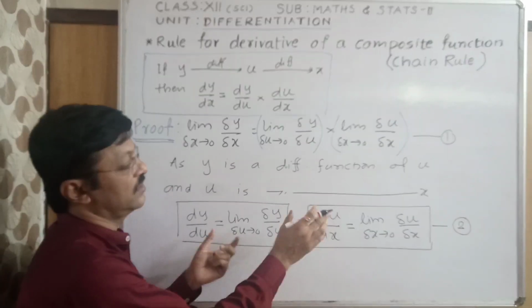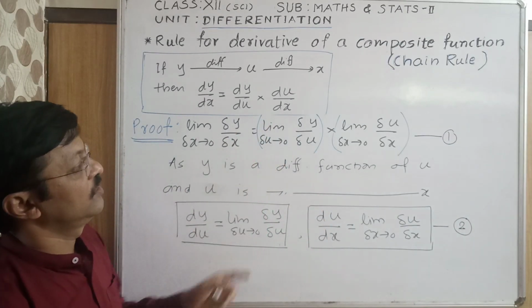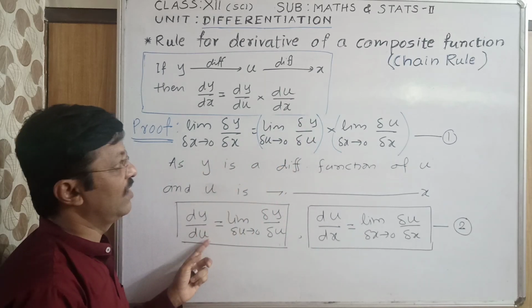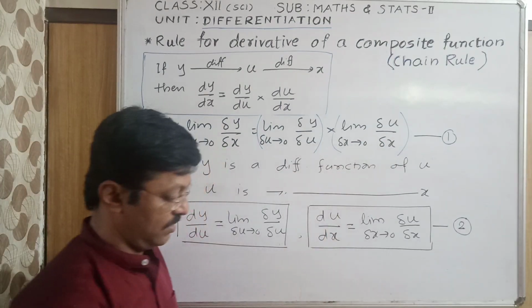These steps can be used in this step. So I can replace this limit delta y by delta u as delta u tends to 0 by dy by du, and limit delta u by delta x as delta x tends to 0 by du by dx.